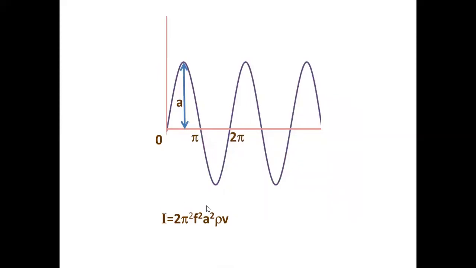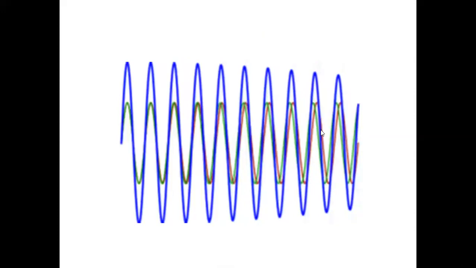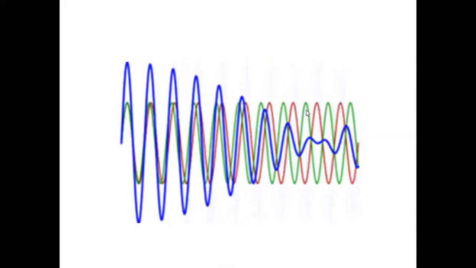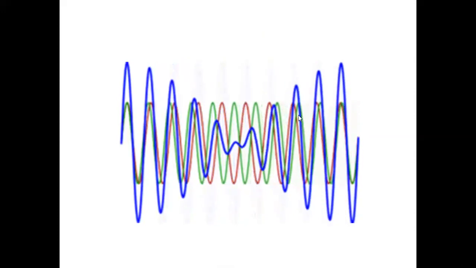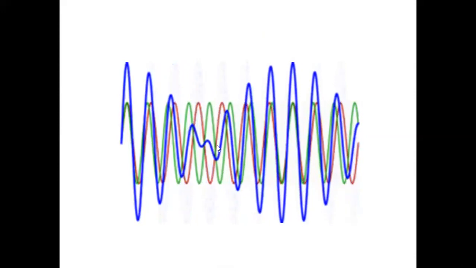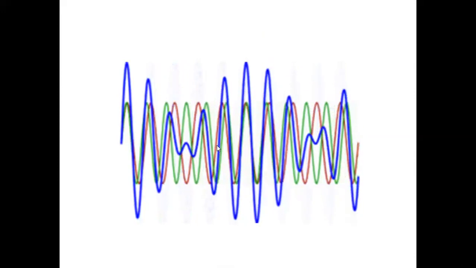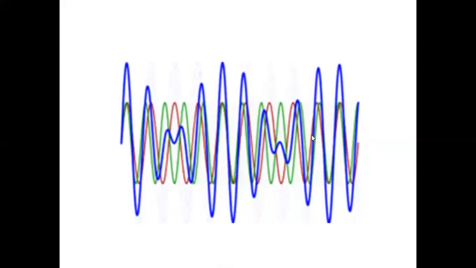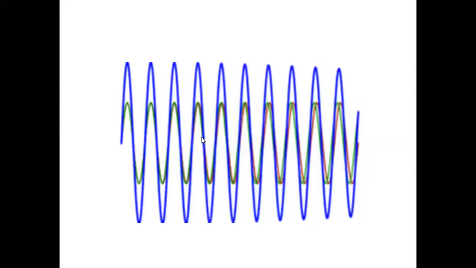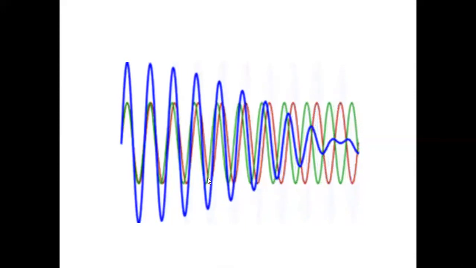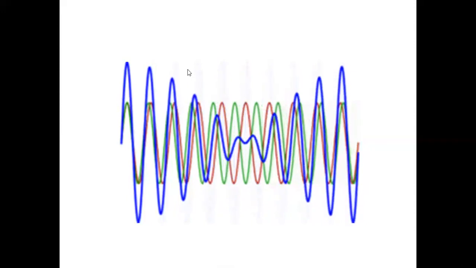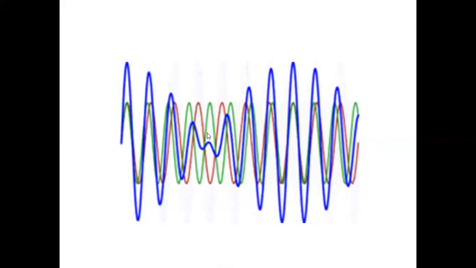Why, sir? Because you know that when two waves superpose on each other, green and red, when the crest falls on trough, the amplitude of the wave is 0, 180-degree superposition. When the crest falls on crest, trough falls on trough, 0-degree phase difference, the maximum wave is produced, amplitude will be maximum.